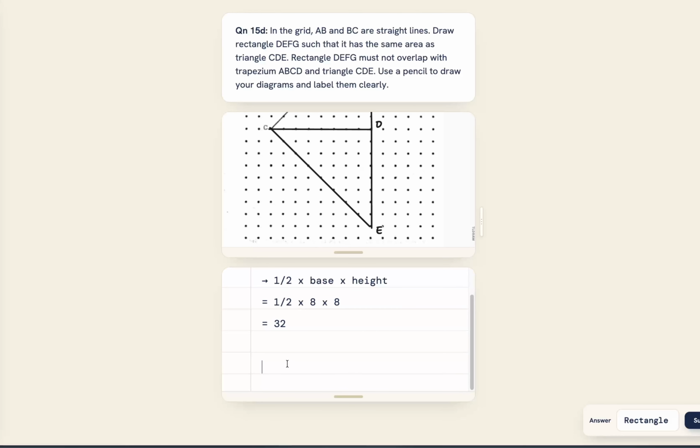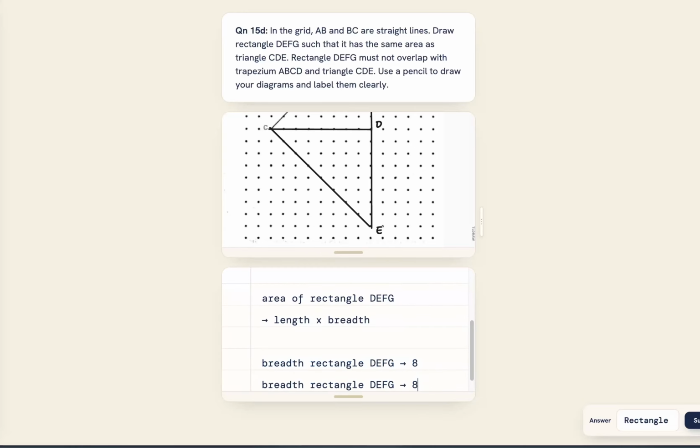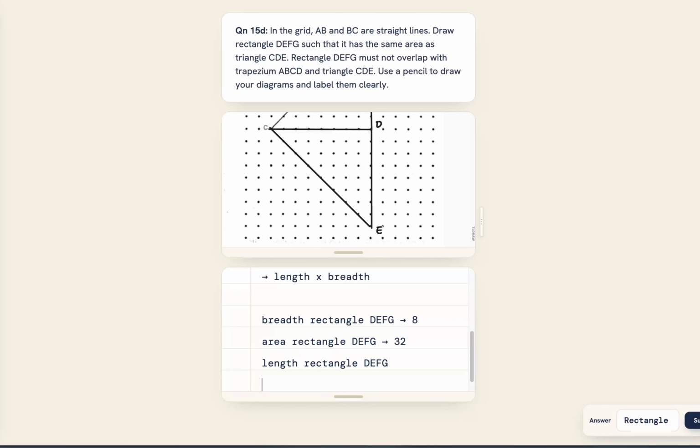So the area of rectangle DEFG is equal to length times breadth. We know the breadth is 8, and the area of rectangle DEFG is 32. So the length of rectangle DEFG is the area divided by breadth.